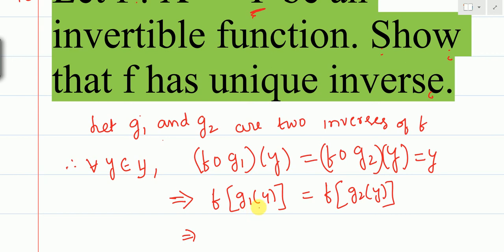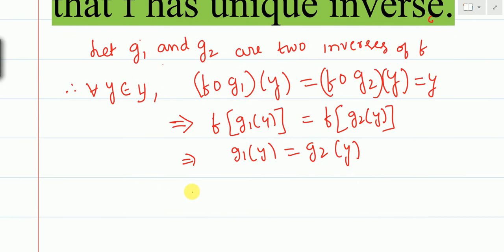Since this is 1-1, we have f of g1 of y is equal to f of g2 of y, implies g1 of y is equal to g2 of y. This shows that g1 is equal to g2. We assumed that there are two inverses g1 and g2, but we arrived at the stage where we found that g1 is equal to g2.